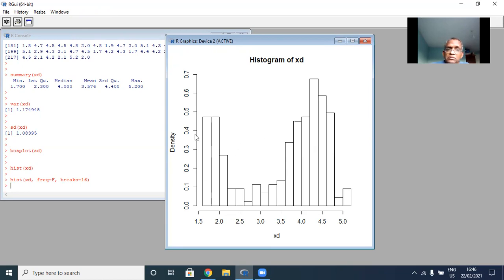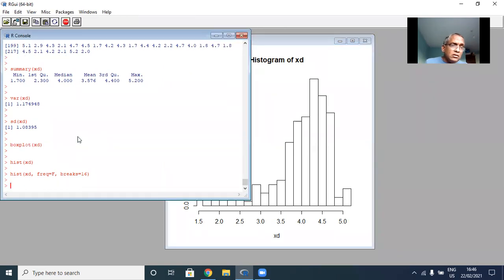So the mode around this corresponds to short duration bursts, and the mode around this corresponds to long duration bursts. So what you have is a mixture of 2 different distributions. That's why you get this bimodal shape. Okay, bimodal shape. All right, so you can change the breaks as you want.